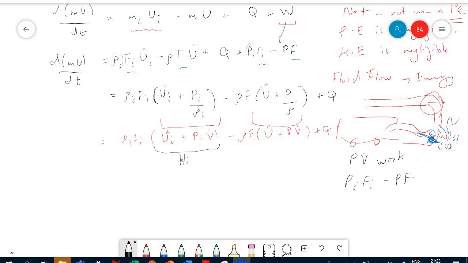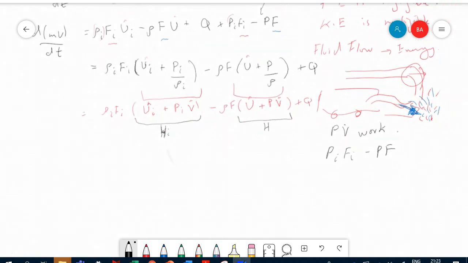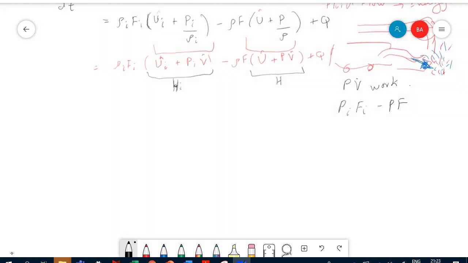I'll make it just capital H to separate it from the one which looks like height. And here we have enthalpy. Enthalpy is a beautiful term. It just made our example much simpler. Rho Fi Hi minus rho F into H plus Q. What a beauty. Our equation is just getting easier and easier.